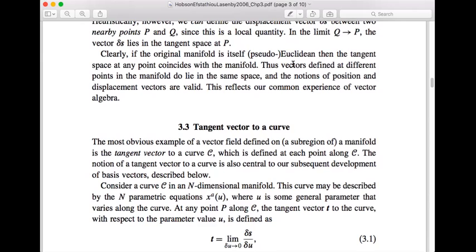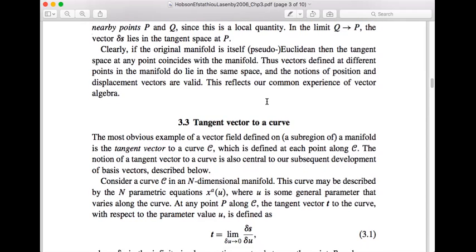I guess what he's saying here is that if our manifold was not curved, if it was a flat manifold, then we wouldn't have these problems. Then we could define displacement vectors and position vectors, etc.